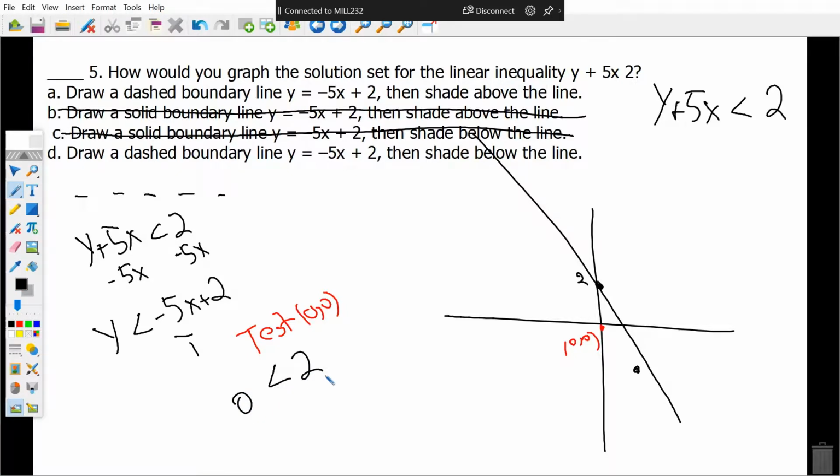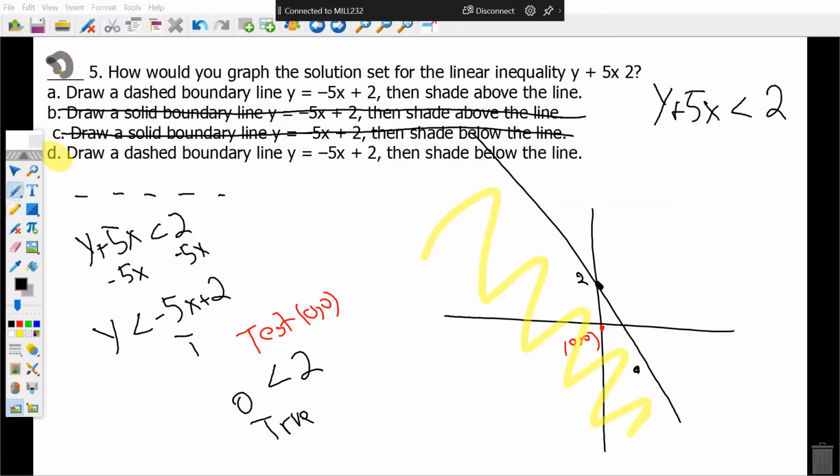Is 0 less than 2? Yes, it is. So that means that this is true, which means I get to shade everything below the line. I go up here, draw a dashed boundary line and shade below the line. D is my correct answer.